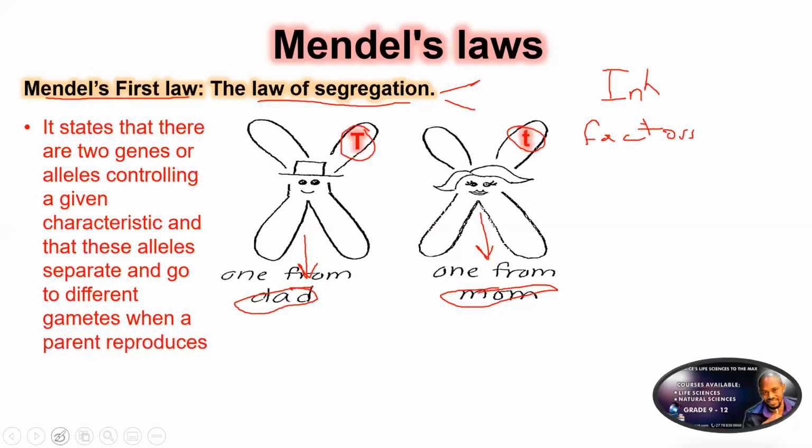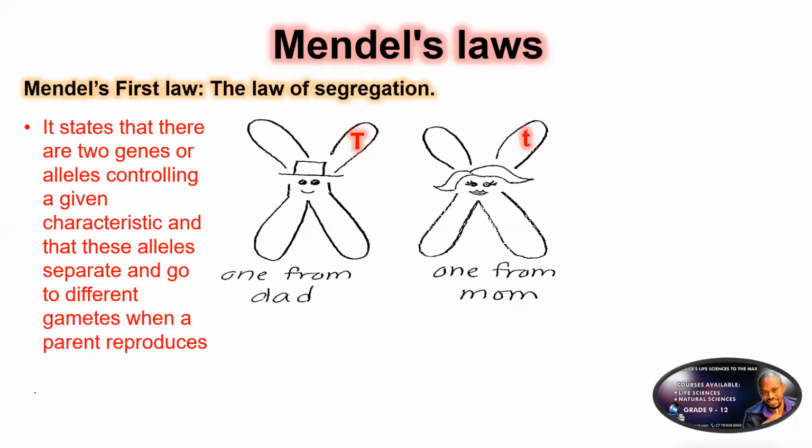And today we call them simply genes. Now, Mendel's first law states that there are two genes or alleles, we already explained alleles as well, controlling a given characteristic, and these alleles separate and go to different gametes when a parent reproduces.